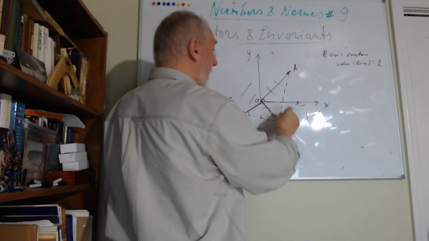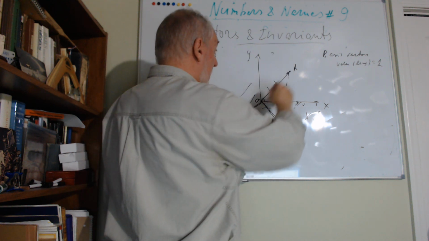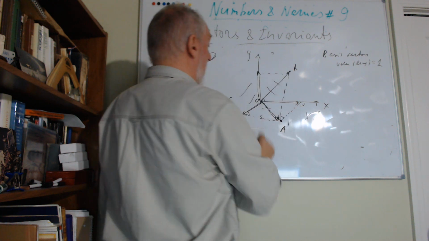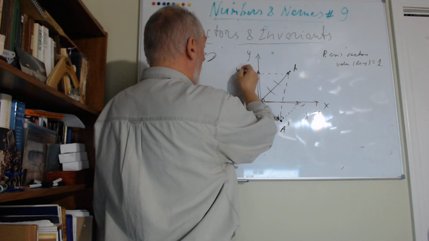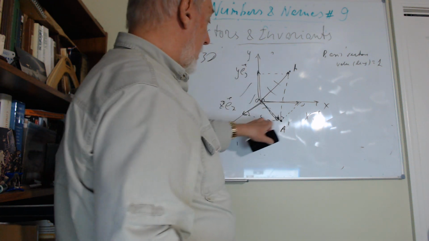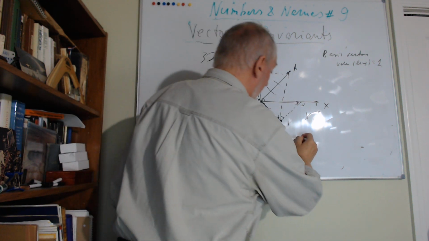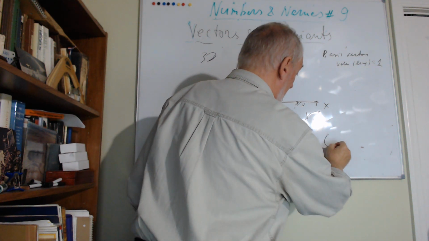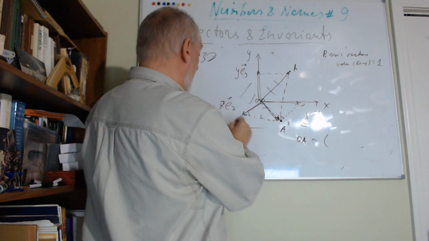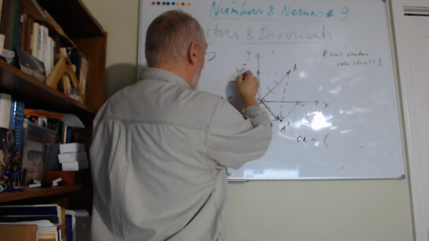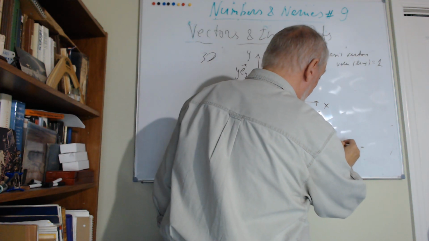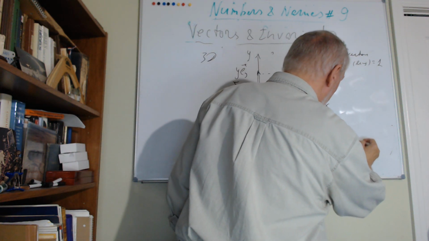All these angles are right. And this vector, again, you may write it here, like this, with index y. And then for this vector OA again you have three coordinates: x, y, and z.